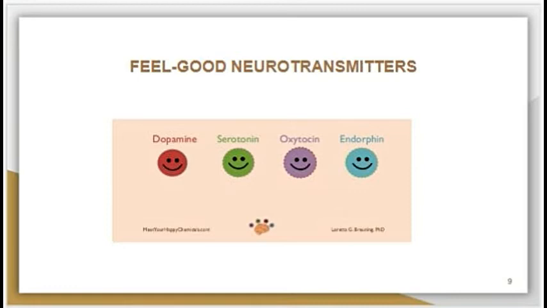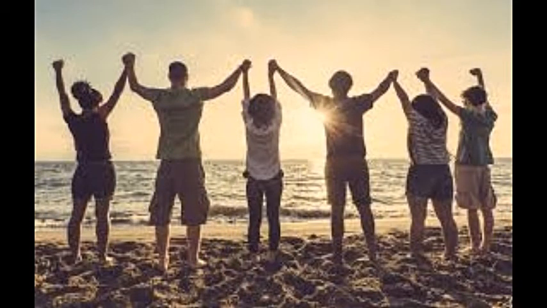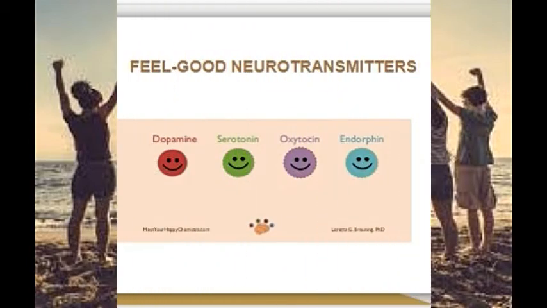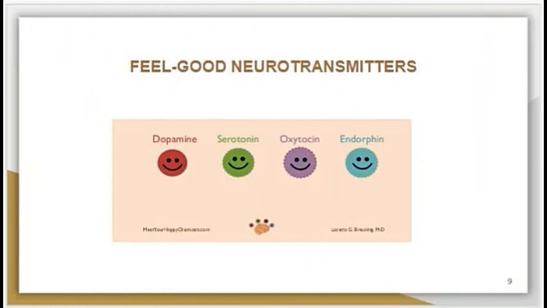Oxytocin is the connection chemical. When I spend time with somebody that I care about, that experience triggers the release of oxytocin. And I experience the sense of connectedness, the sense of bonding, and that is also the chemical that is released during childbirth, and that helps the mother to bond with the baby.